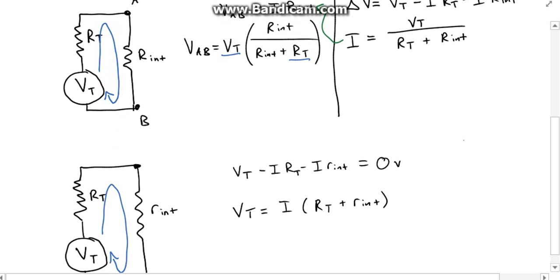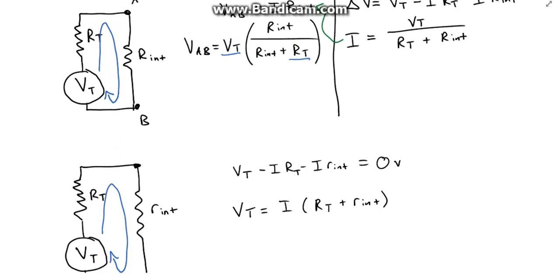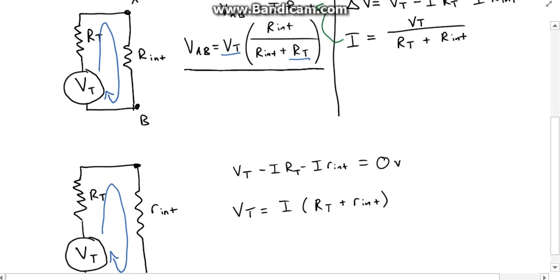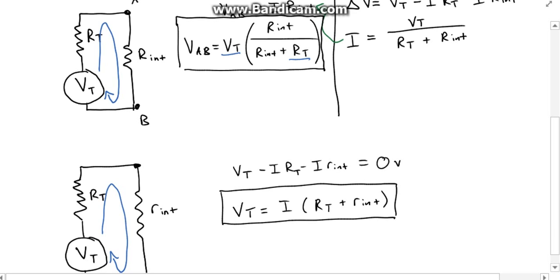So these are our two equations that we have. We have this equation up here, let me put that in a box, and we have this equation that I just found down here. Notice that in both of these equations there are only two unknowns. We don't know the Thevenin voltage and we don't know the Thevenin resistance. I know the current down here because that's the current that I measured with my ammeter.